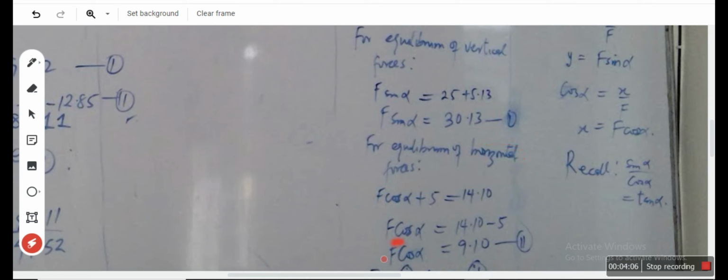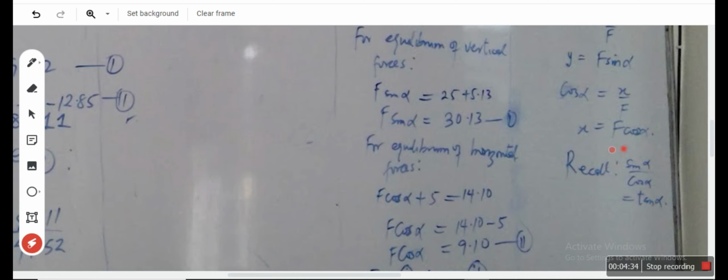So we have the two equations, and they have two unknowns, F and alpha. Our work here is to solve for F and alpha. I mentioned earlier that this is a simultaneous equation. We will just find a way of eliminating one variable and then find the other one. Eventually we substitute to get the other one.